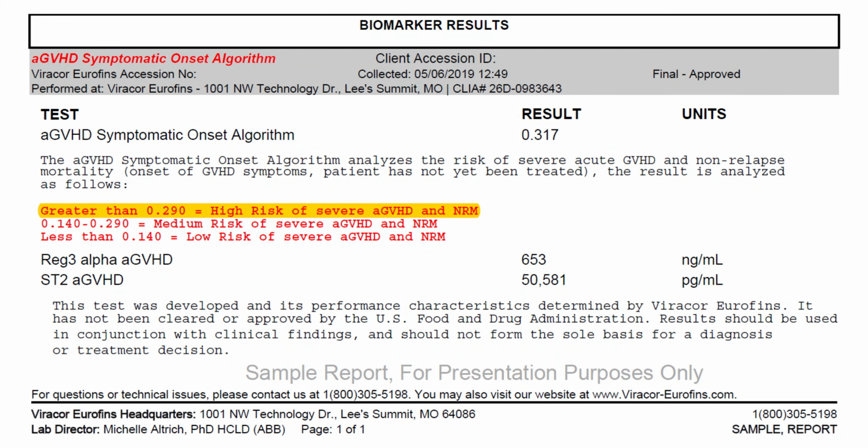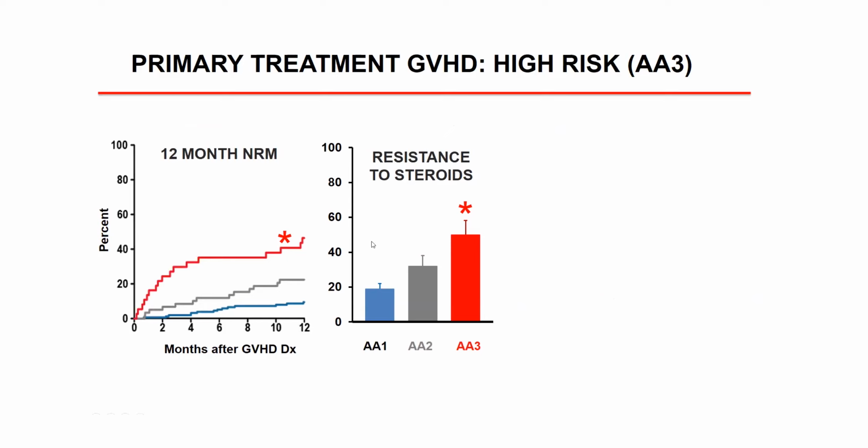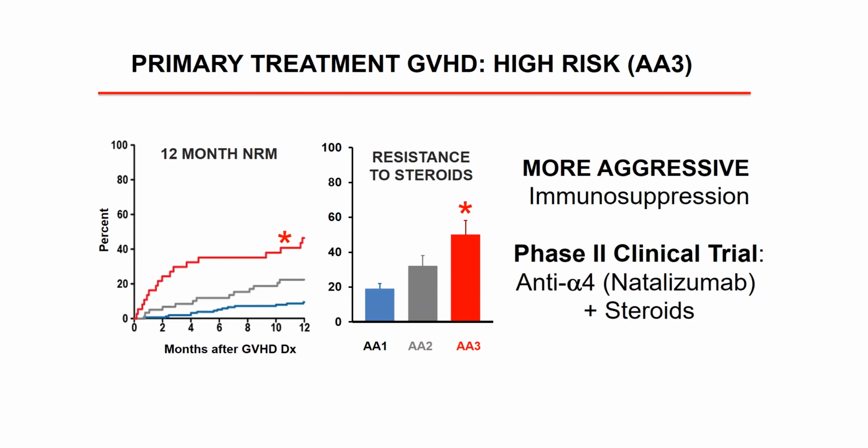That's an Ann Arbor 3, so he's greater than 0.29, so he's at high risk for a severe acute GVHD and NRM. That puts him on the red line here with less than 50% chance of responding to steroids. So he would need more aggressive immunosuppression at the very beginning.